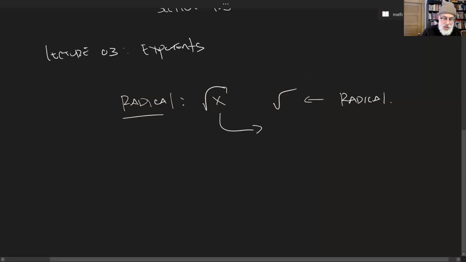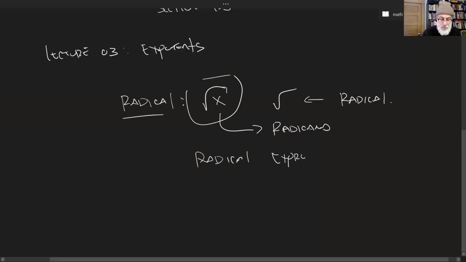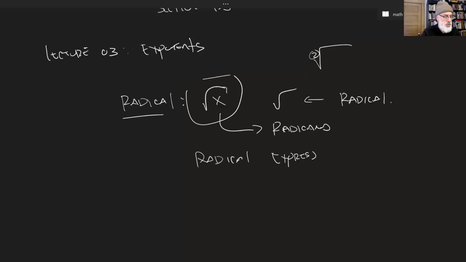The number underneath is called a radicand. And the whole thing is just a radical expression. Now, when you see the symbol without a number there, it's assumed to be 2. So just the radical without a number, we're assuming square root.